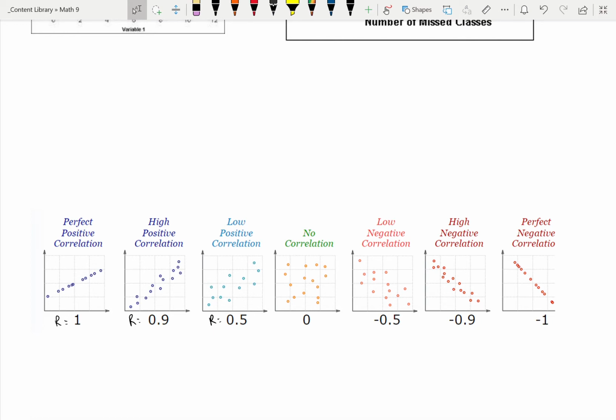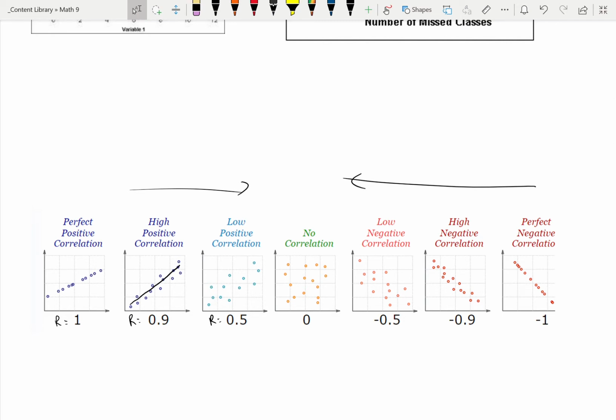So on either side, we have a perfect positive correlation. This means our best fit line would perfectly predict any values that I would expect to get. Perfect negative correlation does the same thing in reverse. And you can see as we go in, at high positive correlation, my best fit line would be somewhere around there.